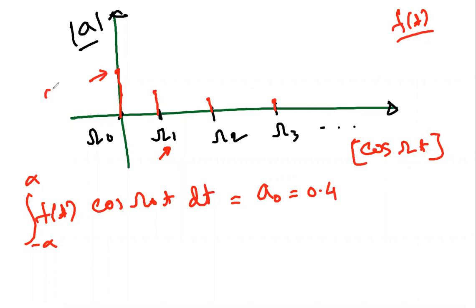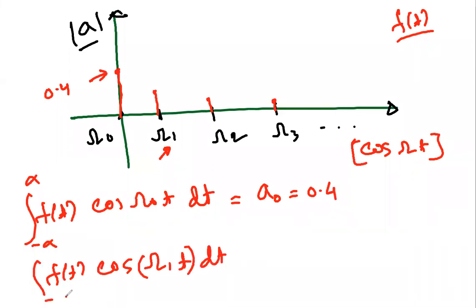When I have done the same operation for omega 1, FT cos omega 1 t dt, from minus infinity to plus infinity, let's say this is A1 equals 0.2, and this is that 0.2. Similarly, for omega 2, I got, let's say, 0.1, and for omega 3, I got 0.05.